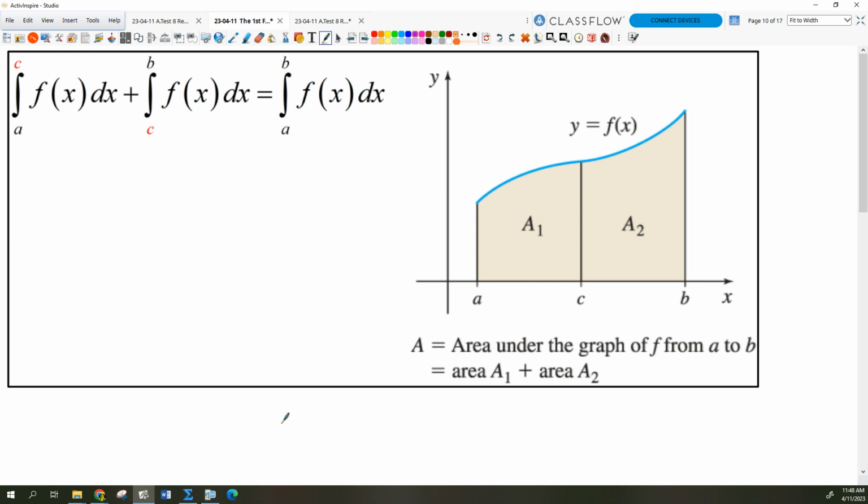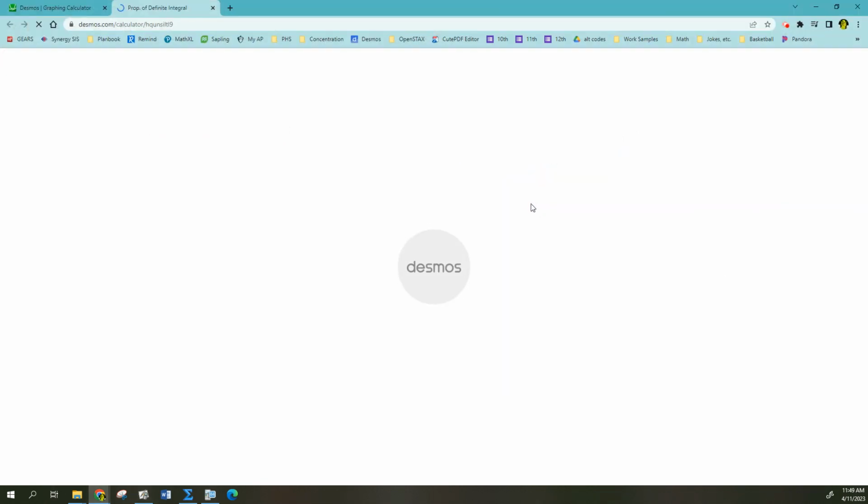That's all that's doing. If the upper limit of one definite integral corresponds to the lower limit of the next definite integral, then the right edge of this area becomes the left edge of this area, and we're just encompassing one big area then, right? Everybody see that? Okay, so I'll give you a demonstration because you can get kind of tricky with this one too.